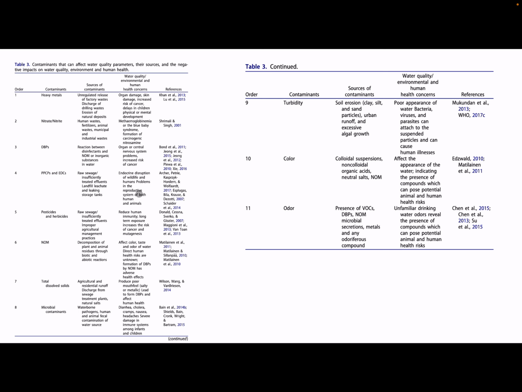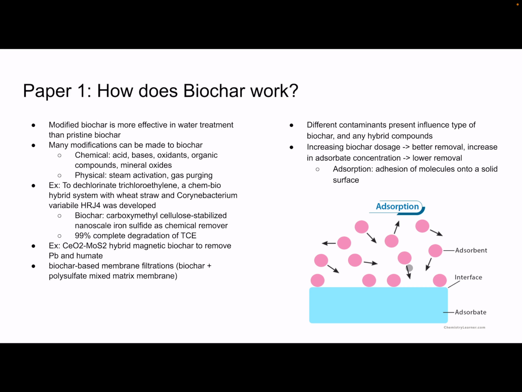So for example, nitrate and nitrite are found often in fertilizers and industrial waste, and this talks about if there's a source of turbidity, which is when the water is not really clear looking, it's usually due to soil erosion or even algal growth, and then odor can be due to microbial stuff. So it just shows the different sources of contaminants.